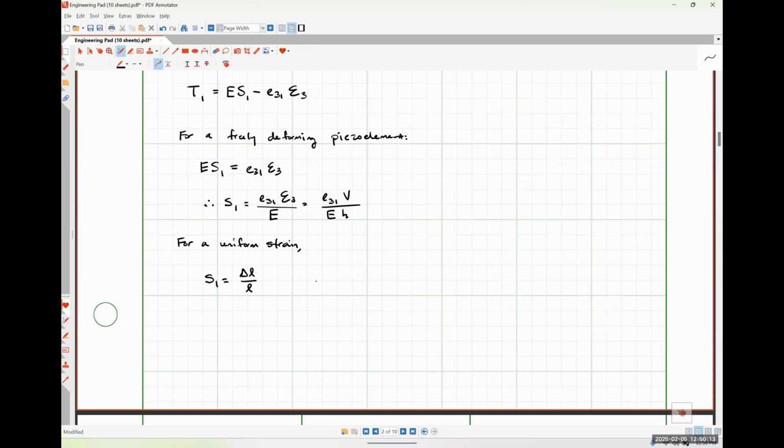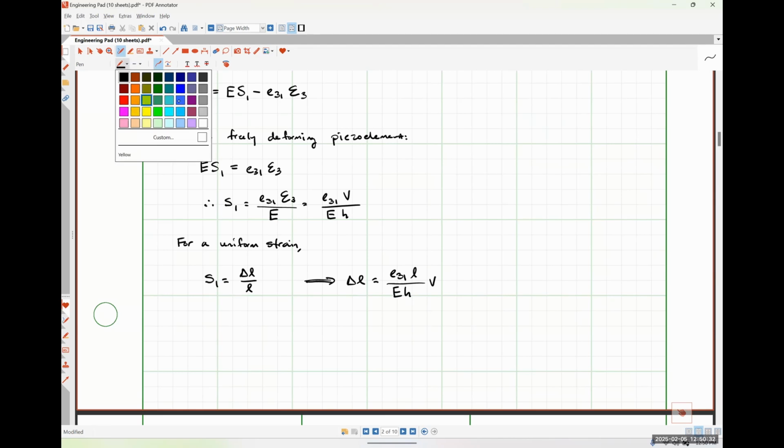So from that, we could say then that our change in length is going to be E31 times L divided by E H times our applied voltage.